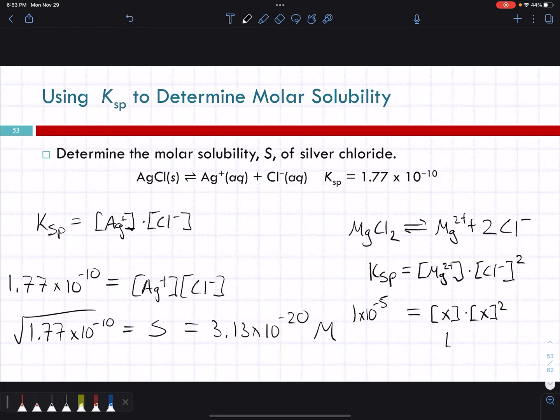So it's the concentration of X cubed. So 1 times 10 to the negative 5 equals the concentration of X, which is our magnesium chloride, cubed. So if we take the cube root of 1 times 10 to the negative 5, we'll get the molar solubility of magnesium chloride.